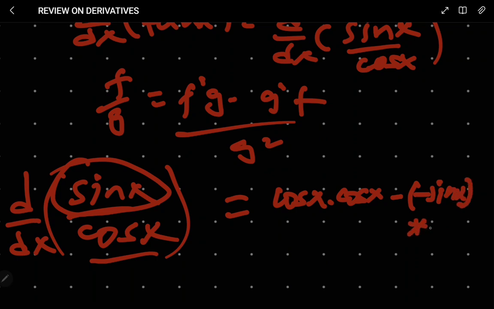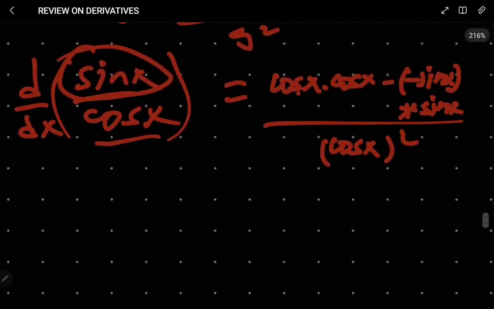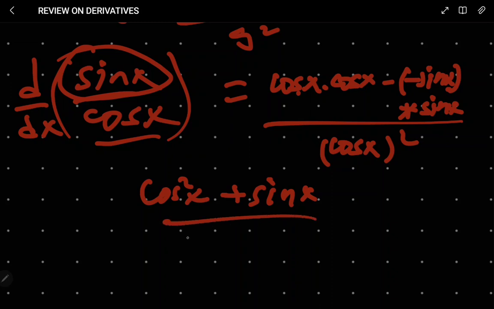Times the numerator function sine x, over cos squared x. This is cos x times cos x, which is cos squared x, and minus times minus is plus sine squared x, over cos squared x.